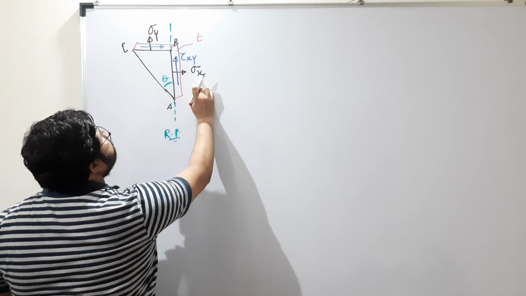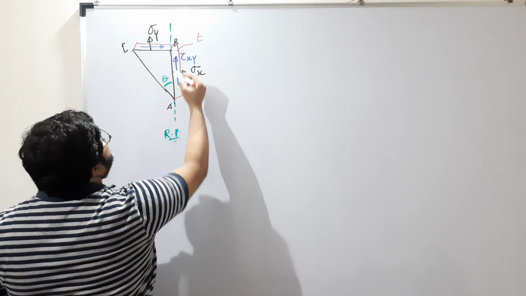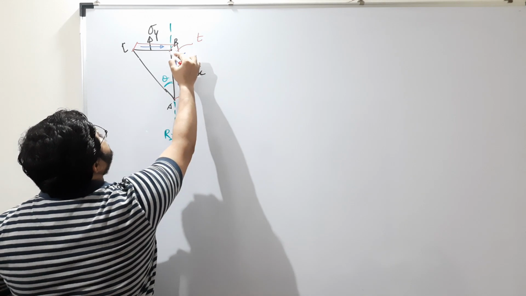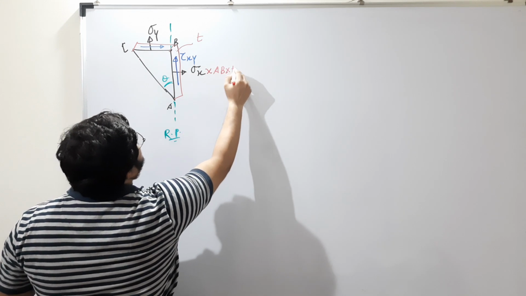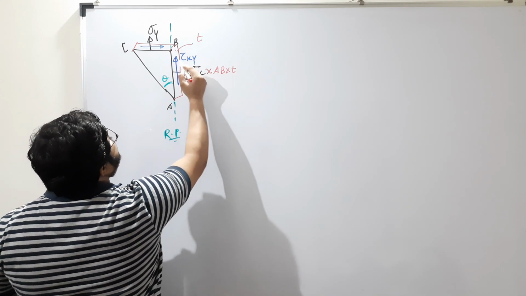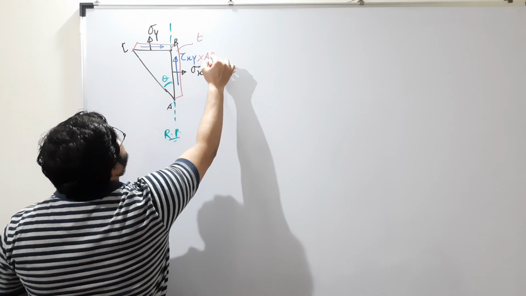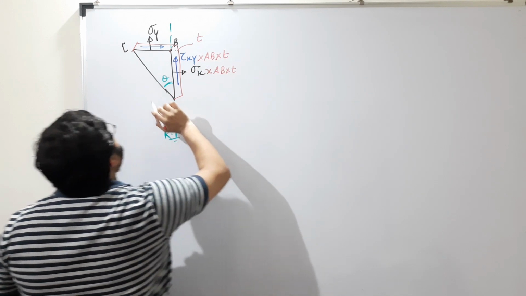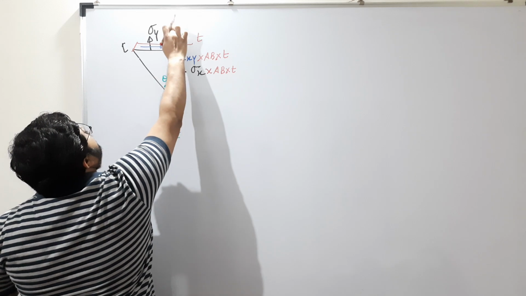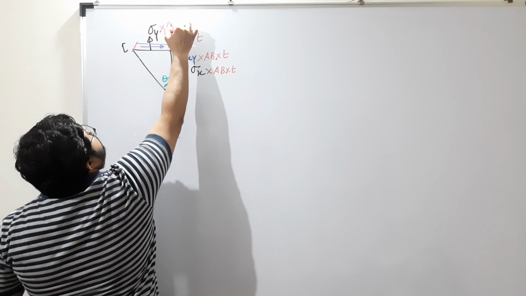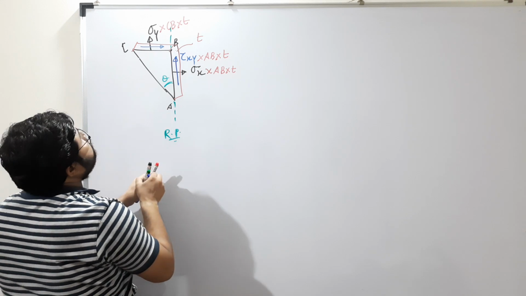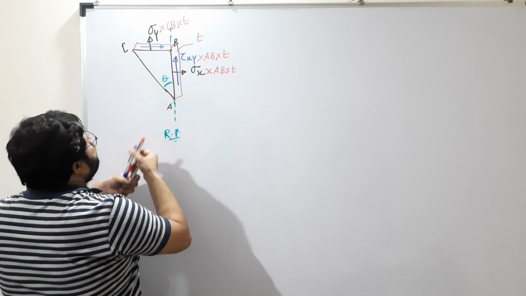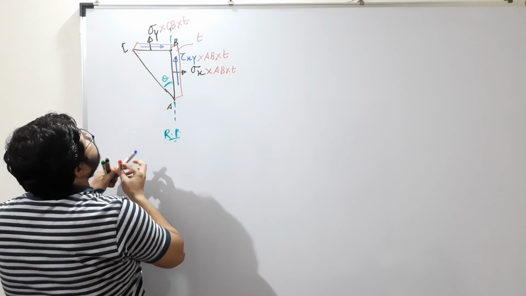So for this sigma x, the area is AB into T. Then tau xy, this area is again AB into T. Now here sigma y into CB into T, and this tau xy I have not mentioned here, but now I need to mention this tau xy.